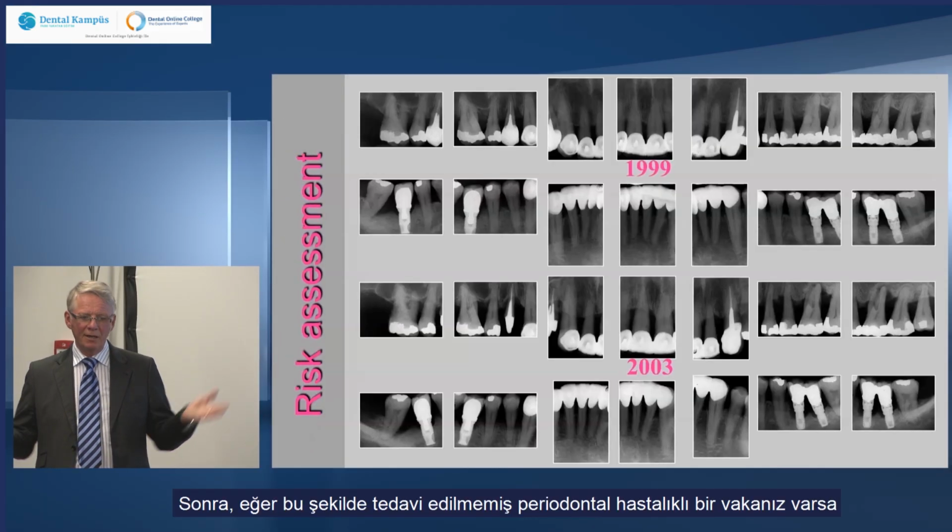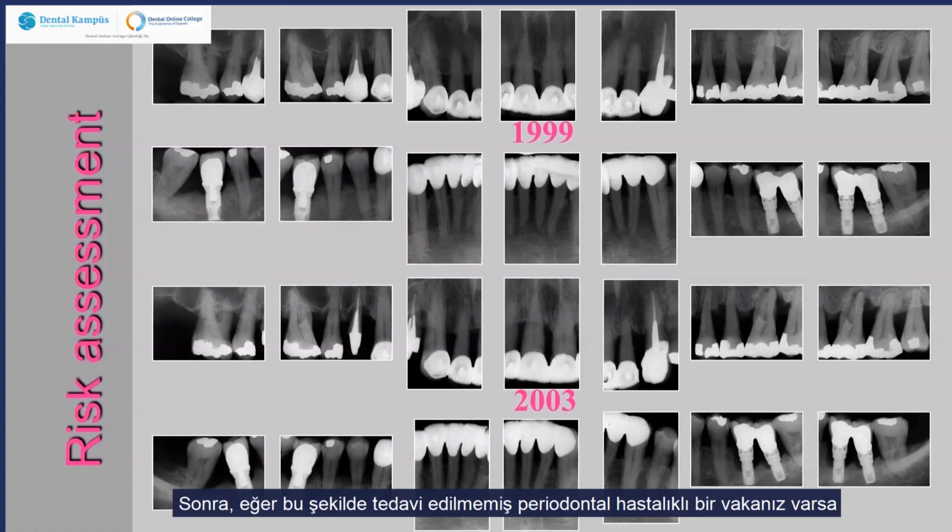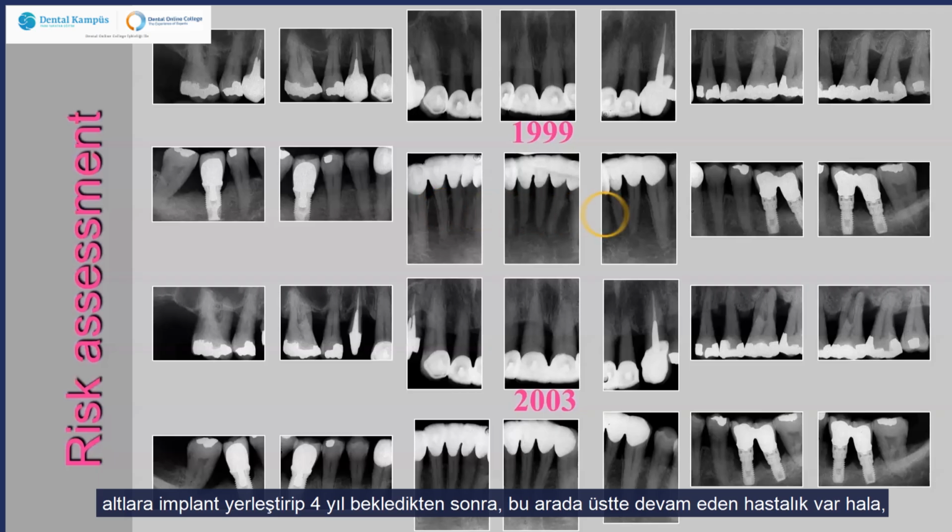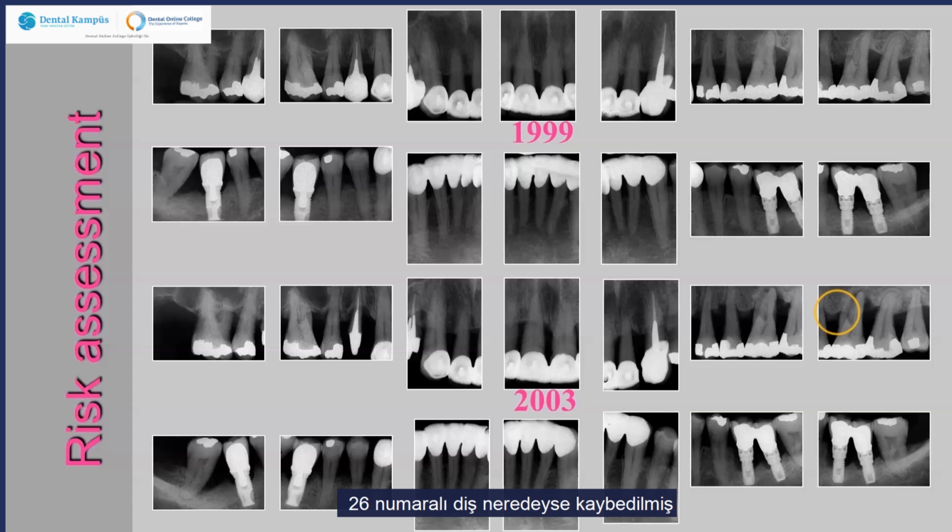And then if you have a case like this with untreated periodontal disease, you put implants in the lower jaw, you wait 4 years, you have continuing disease in the upper. Now almost this one, tooth number 6 here, is more or less lost.